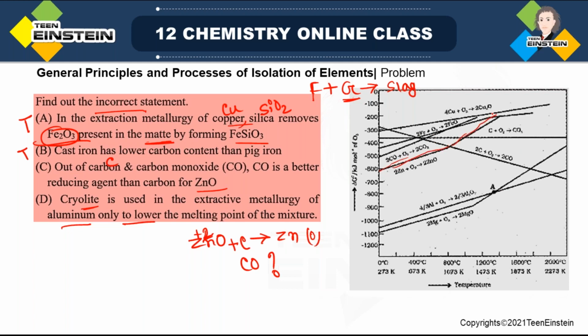Okay, and for carbon, that is carbon converted to CO or CO2, you can get those lines. One is this one, C is converted to CO, another one is C is converted to CO2. And the line where carbon monoxide is converted to CO2, that one is this one.